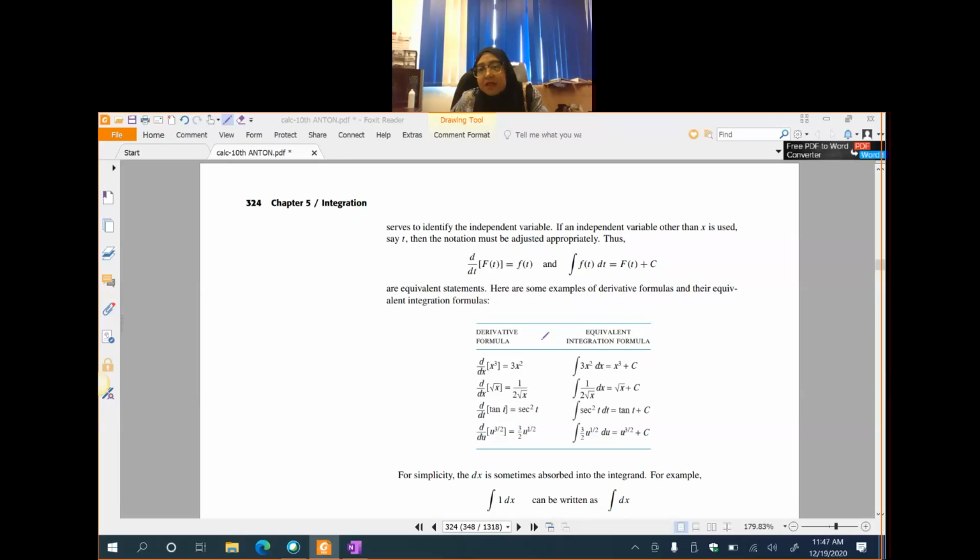It might not be difficult for functions involving the power rule, but when it involves trigonometric functions, some of them need you to memorize a bit.